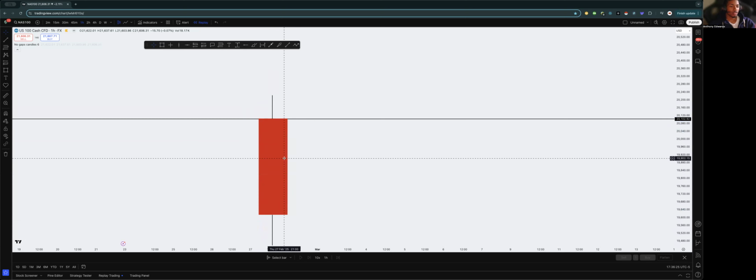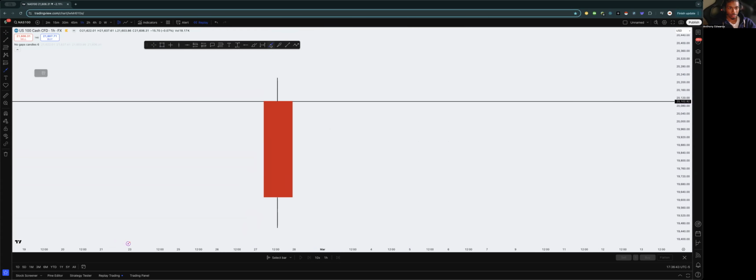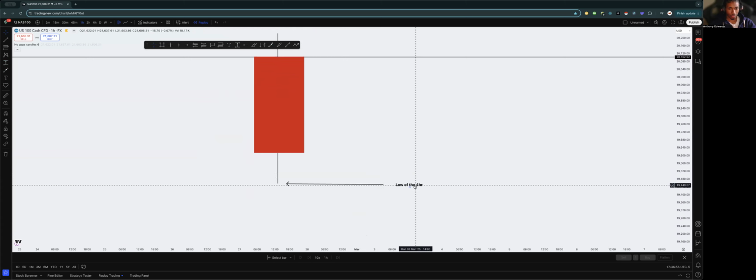That's why the candle is red. It could be other colors depending on the settings, but this is a bearish candlestick. This is a bullish one. I will now describe this. This is the low of the 4-hour candle.